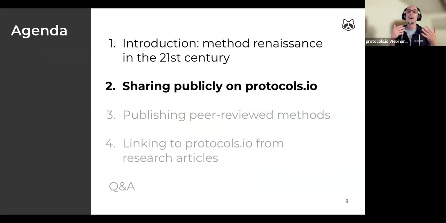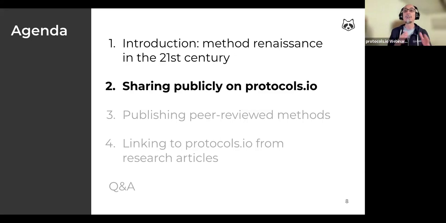I will go on now to talk about public sharing and getting credit for reproducible and discoverable protocols. And specifically about protocols.io, we will go through first how most people share their methods in protocols.io, which is actually independently of papers.